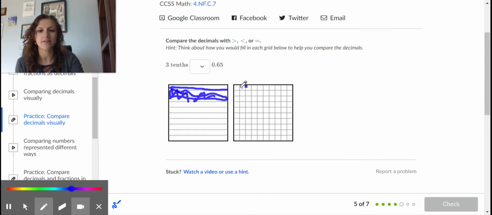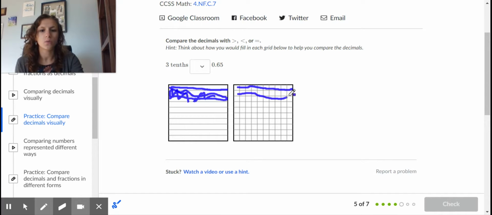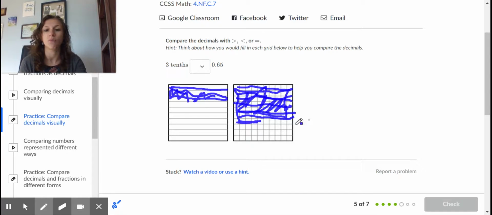Okay, I know that each of these is 10/100. So there's 10/100, 20/100, 30/100, 40/100, 50/100, 60 hundredths, and then 61, 2, 3, 4, 5 hundredths. Okay, so obviously we can tell that the 65 hundredths is greater because there's more colored in.